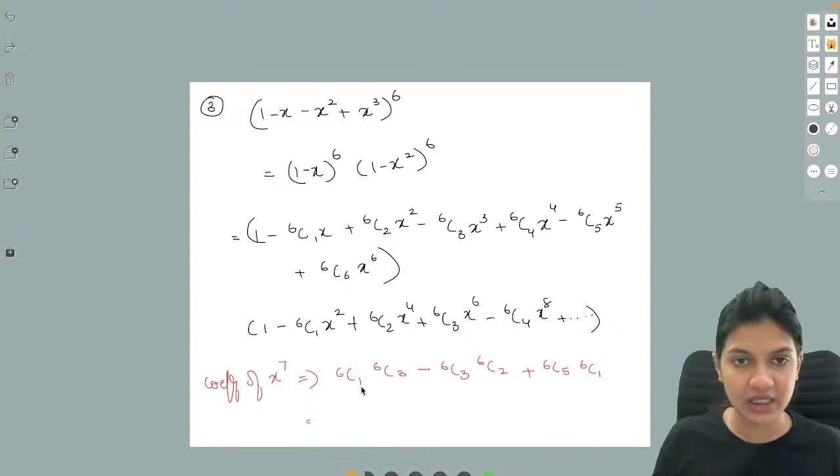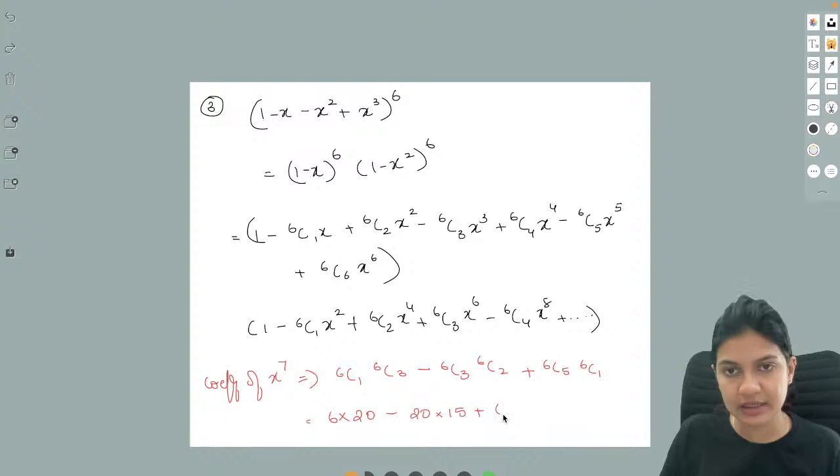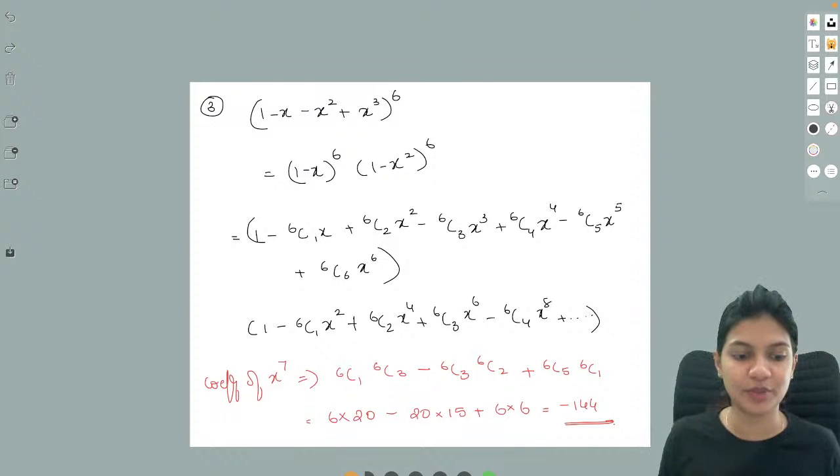That would be 6c1 is 6 into 6c3 is 20, minus 6c3 is 20 into 6c2 is 15, plus 6c5 is again 6 into 6, which gives minus 144. Minus 144 will be your answer.